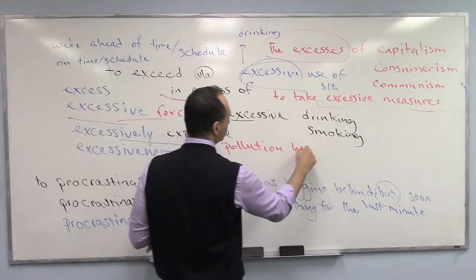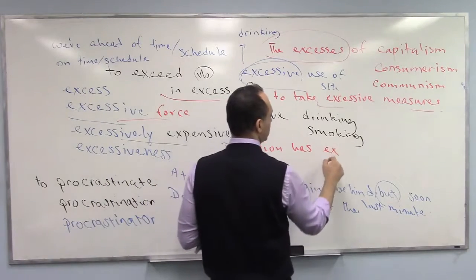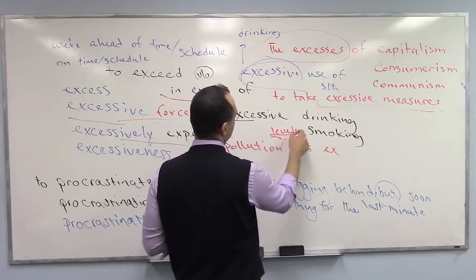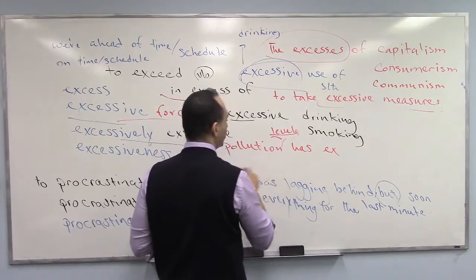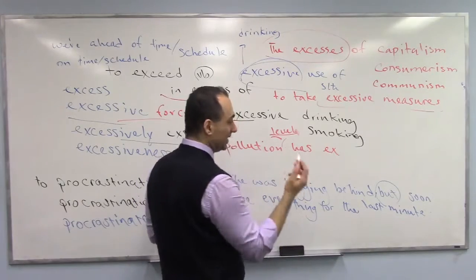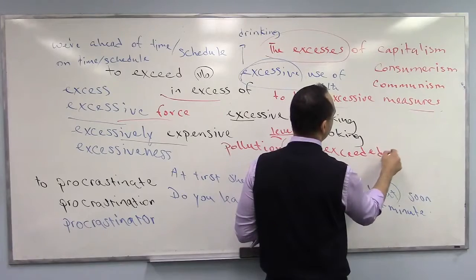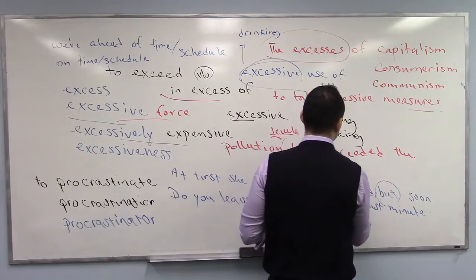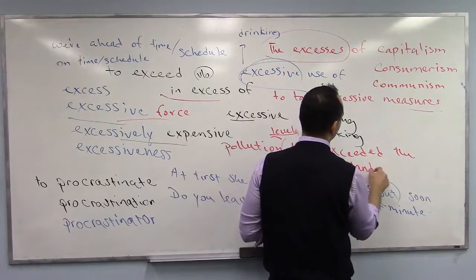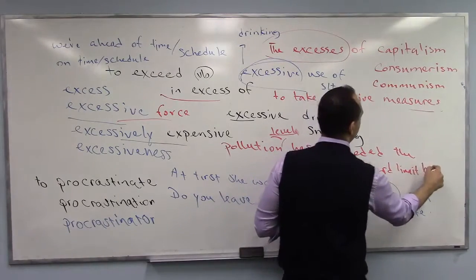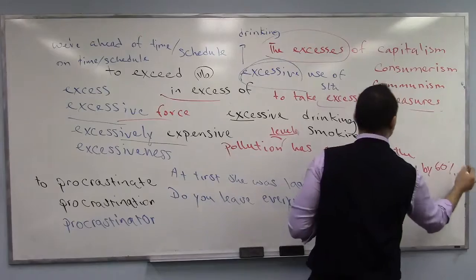Pollution has exceeded. So we say pollution levels or carbon dioxide levels have exceeded. In this case, pollution has exceeded the standard limits by 60%.